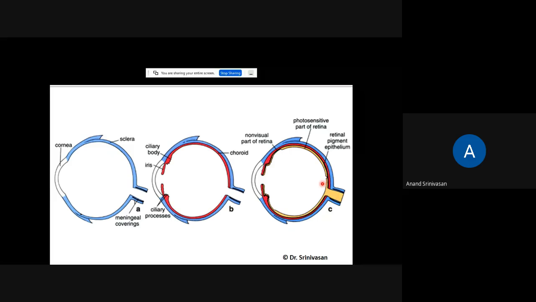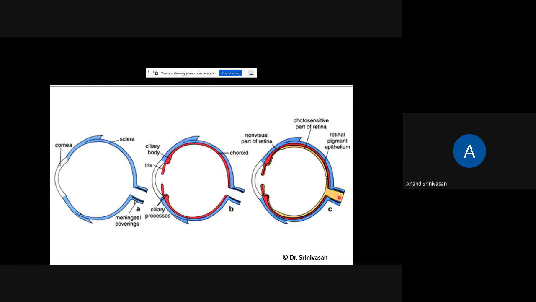In the retina, the visual images are processed and then sent through a cranial nerve. Which cranial nerve? The second cranial nerve, the optic nerve. It passes through the optic nerve and goes to the brain. Which area of the brain? The occipital lobe, the visual area.